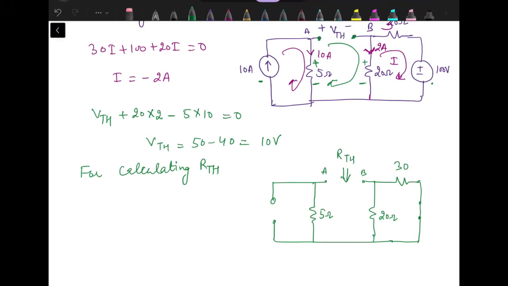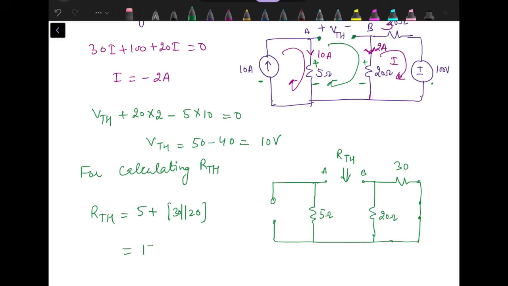This is RTH. Now, what is RTH? 20 and 30 they are in parallel, and then the resultant is in series with 5 ohm. So RTH is series combination of 5 and with 30 and 20's parallel combination.